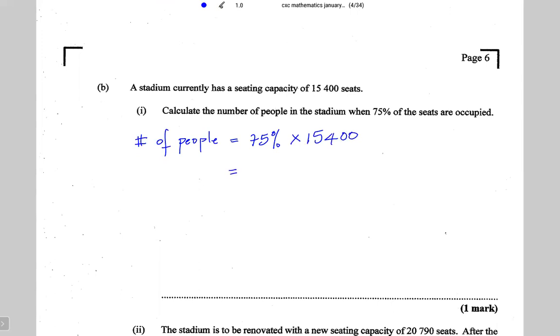If I want, I could work my percentage as a fraction or as a decimal. As a decimal, 75% is 0.75 times 15,400. Put this in a calculator.